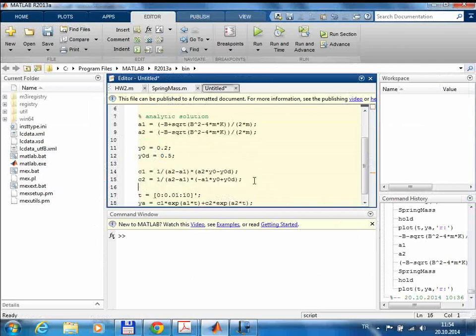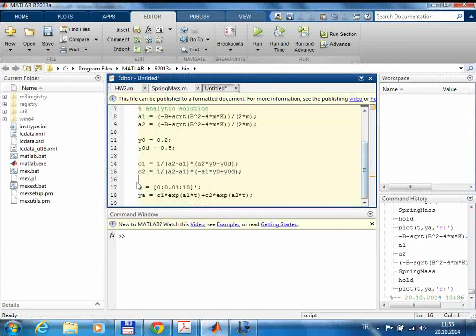Then I can plot the results. First I define this time vector, which means I want to plot the results in the time interval from 0 to 10 seconds with an increment of 0.01 seconds.